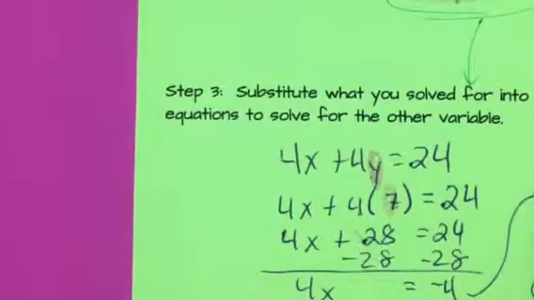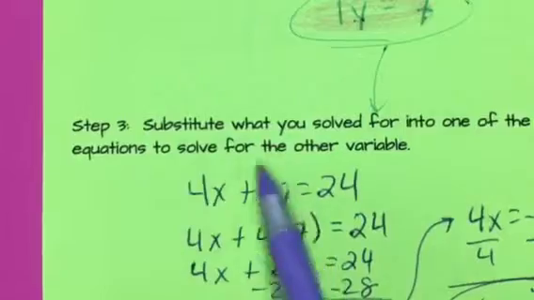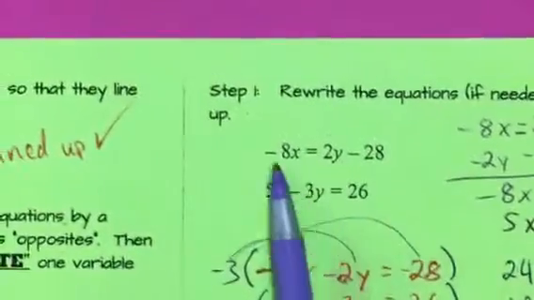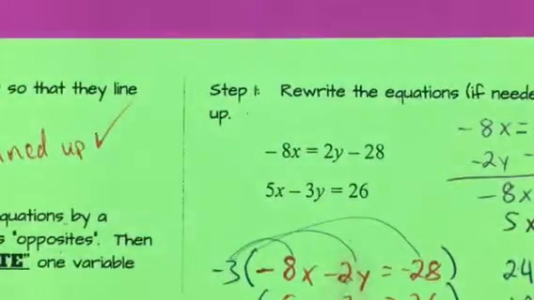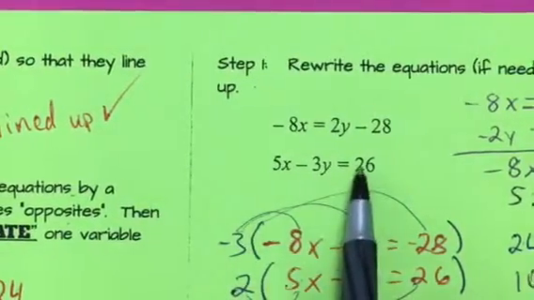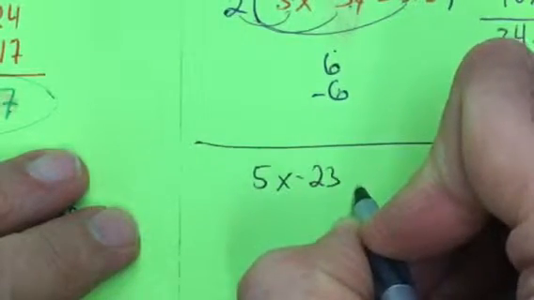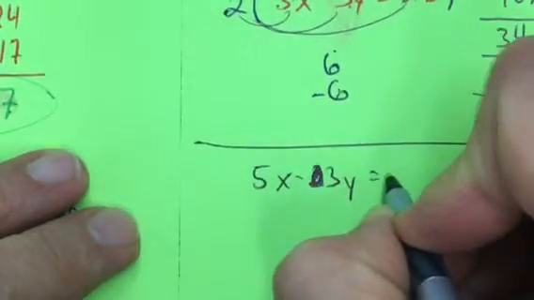All right, once I have that, I'm now going to go to the next step. Substitute what you solved for into one of the equations to solve for the other variable. I know x is 4. I'm going to go up here, look at the original. I want to put in this one. 5x minus 3y equals 26.